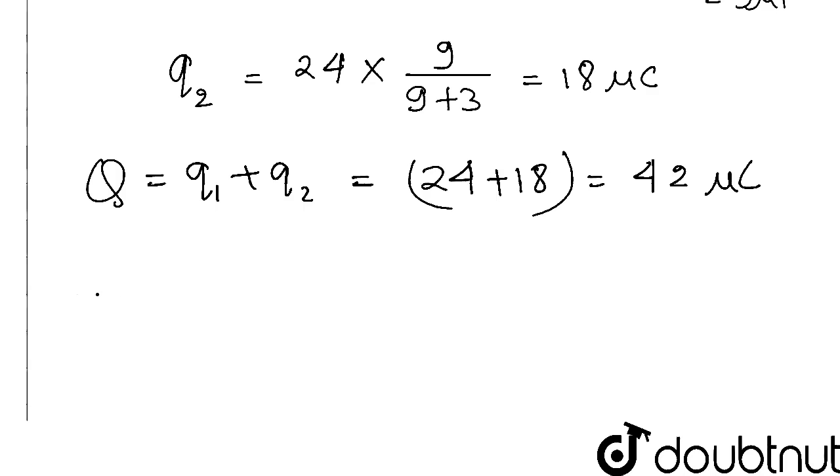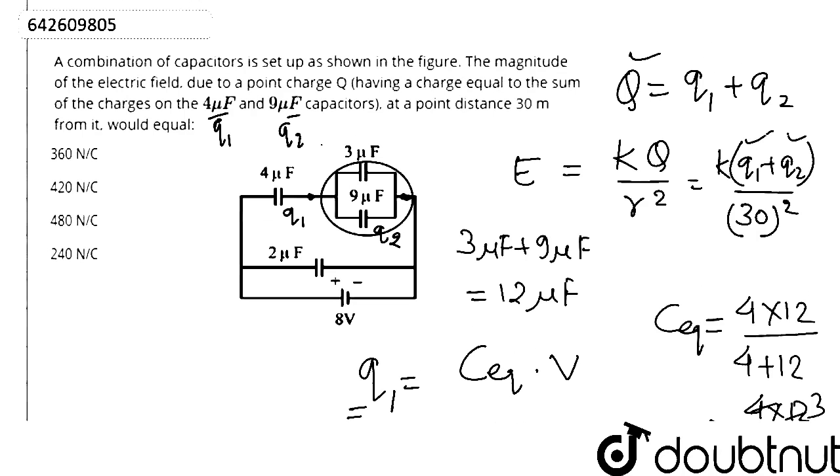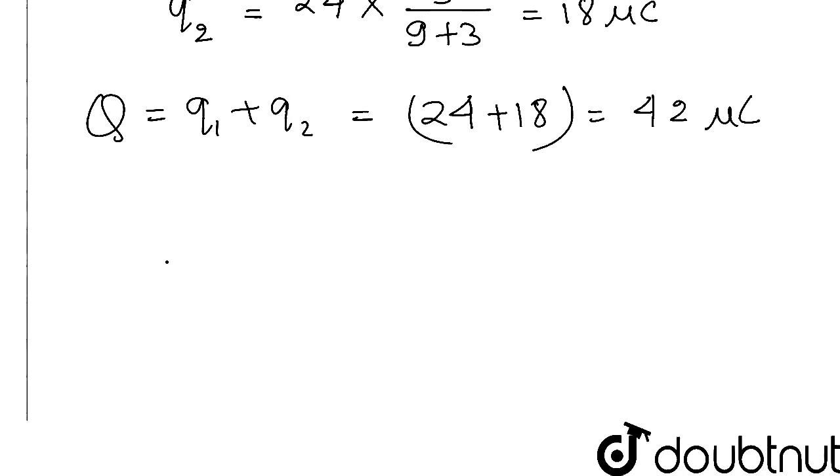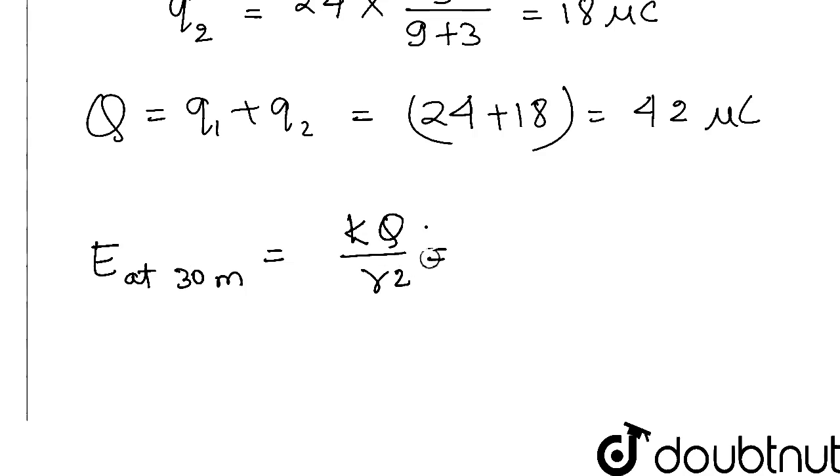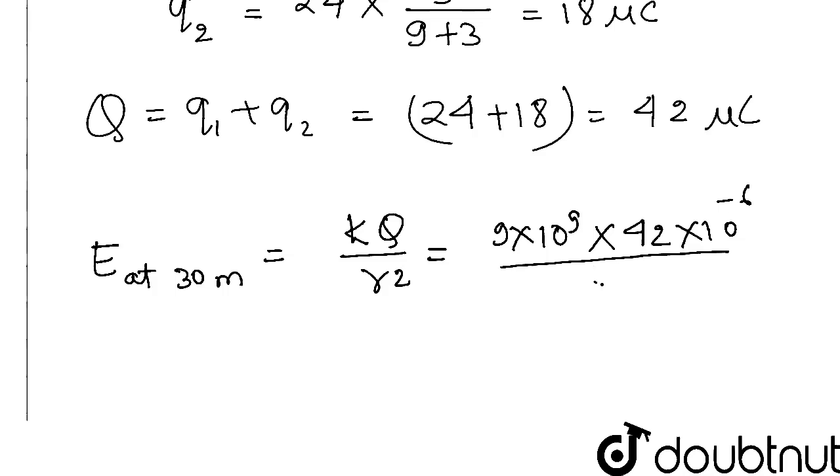Now that we have the charge, we can apply the formula for the electric field due to a point charge at 30 meters, which is kQ by r square. k is the constant 9 into 10 to the power 9, and the charge is 42 into 10 to the power minus 6 coulomb, divided by 30 square.